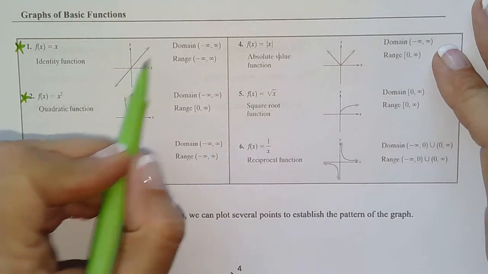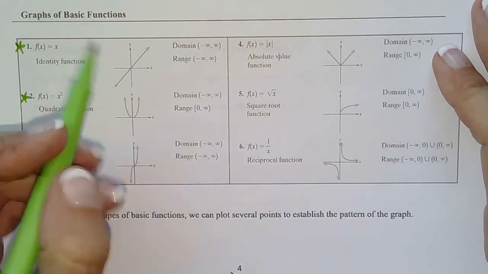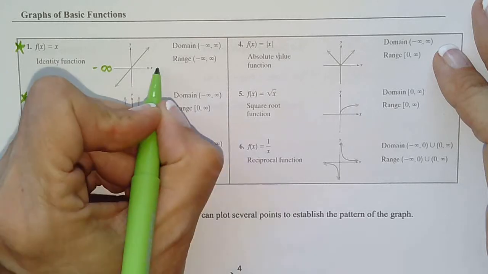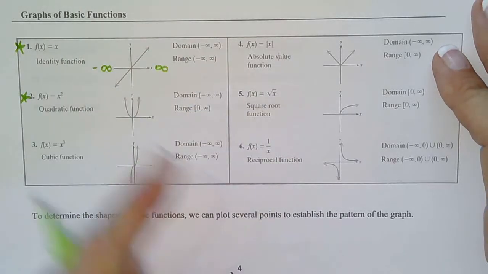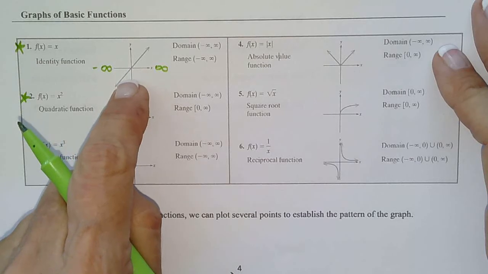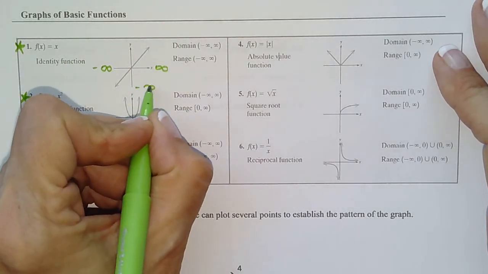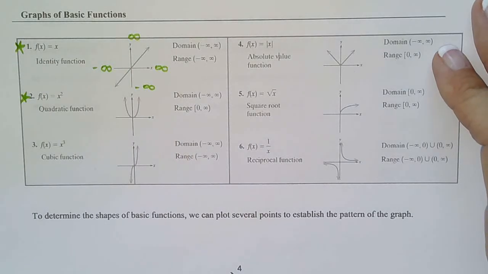So domain remembers left to right. See how this graph goes left forever and right forever? So that's why the domain is -infinity to +infinity. The range is bottom to top. This graph goes down forever and up forever. That's why the range is -infinity to +infinity.